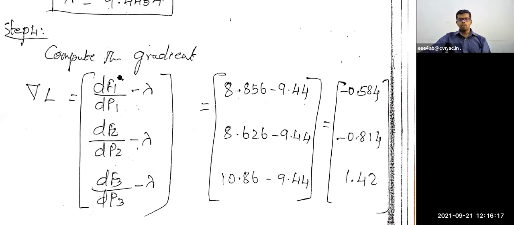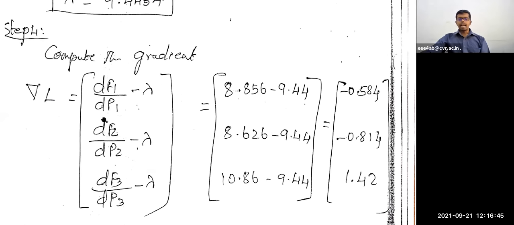Whatever Lagrange's function we frame, we need to differentiate with respect to P1, P2, and P3, and you can find the answer. So df1 divided by dp1 minus lambda will come. Similarly, df2 divided by dp2 minus lambda, and here also the same, df3 divided by dp3 minus lambda.